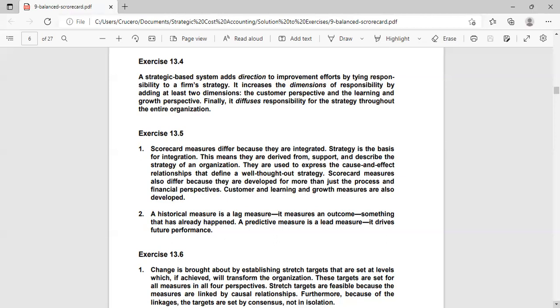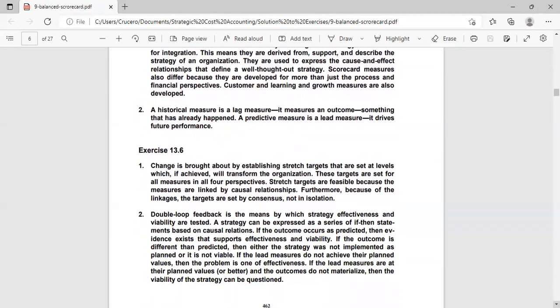Now, in the case of 13-6, we describe the balanced scorecard and at least its use.